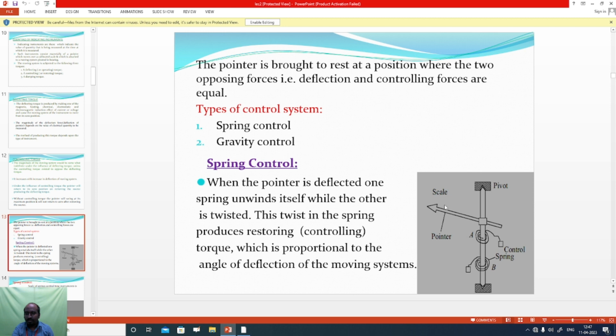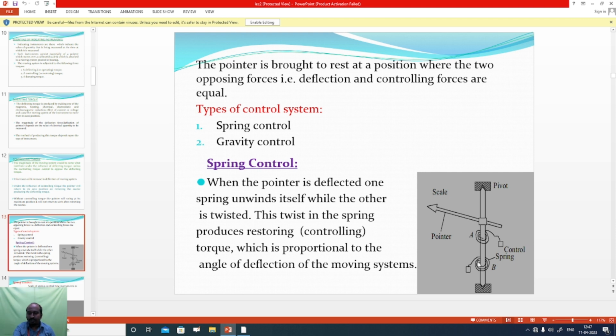In this spindle, the pointer is attached, which moves over the scale. The rotation of the spindle depends on the deflecting force. When the pointer is deflected, one of the springs, A or B, unwinds itself.